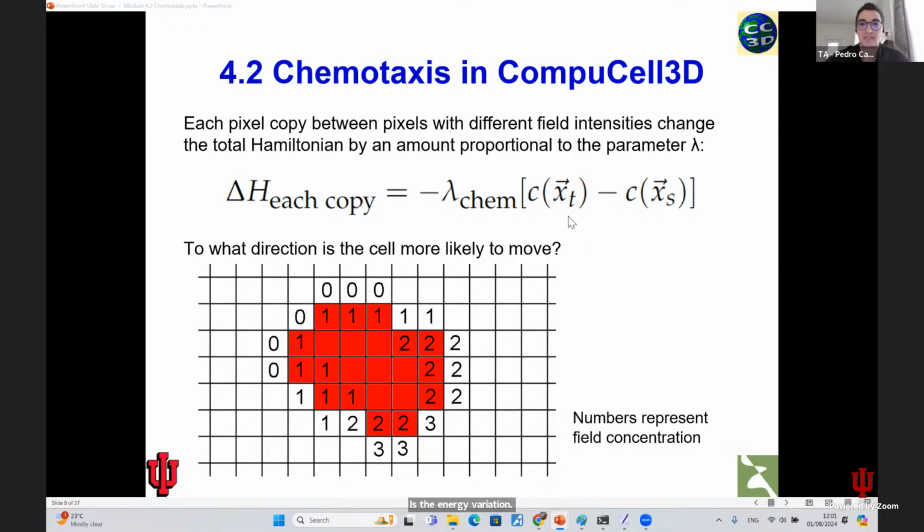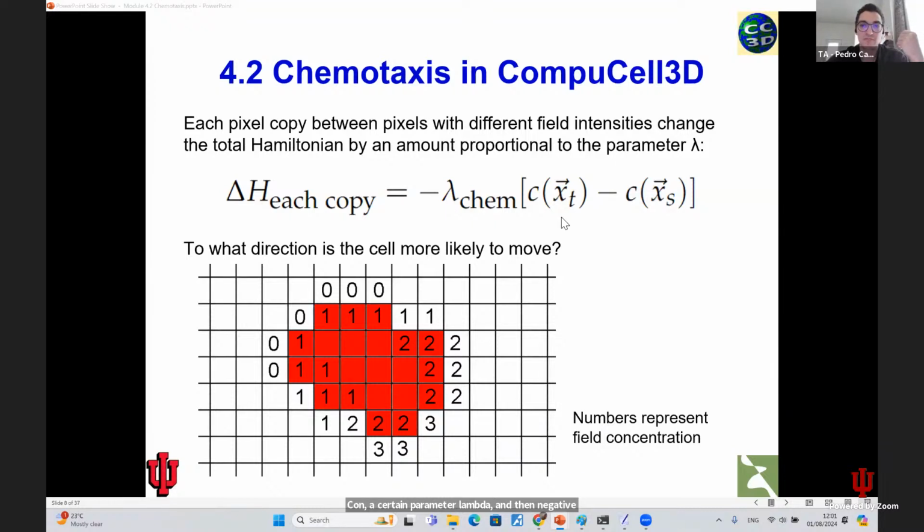So let's say that the concentration in the target pixel, this left term, is higher than the concentration in the source pixel. So this number here is positive, and then multiplied by a certain parameter lambda, and then negative.